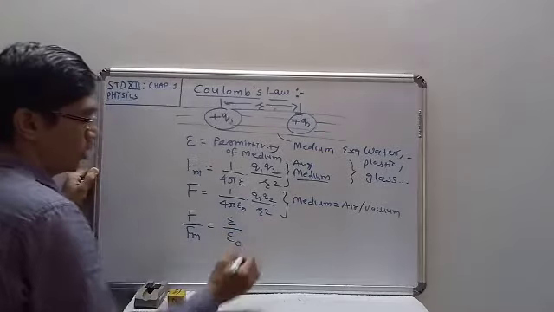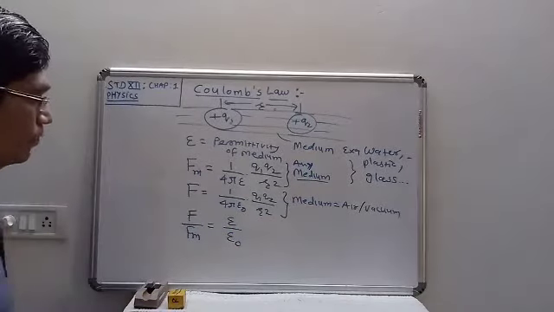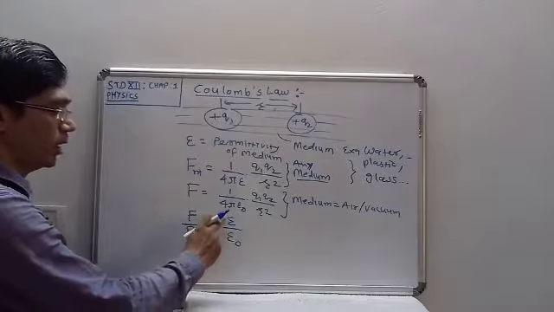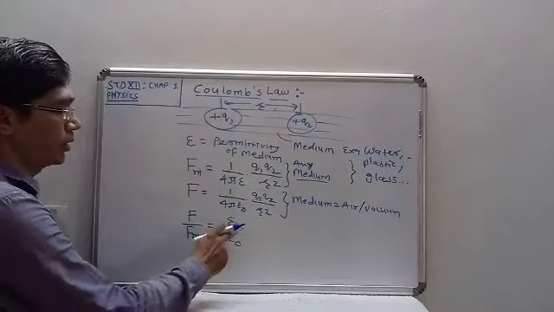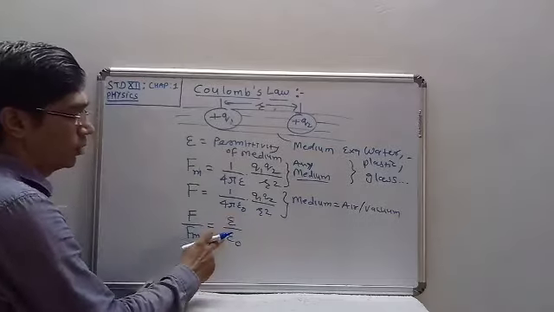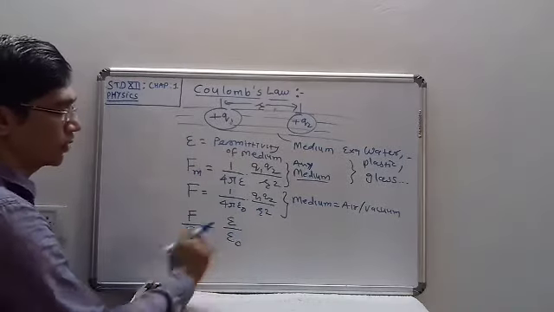epsilon upon epsilon 0. F upon Fm is given by epsilon upon epsilon 0. That is the ratio of the permittivity in the medium to the permittivity in the air or vacuum.